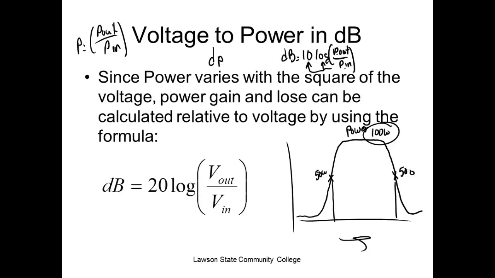Okay, you understand that? Yes or no? But when they give you the formula, they give it to you backwards because it just flows better. So they say power gain in dB would be 10 log P out over P in.